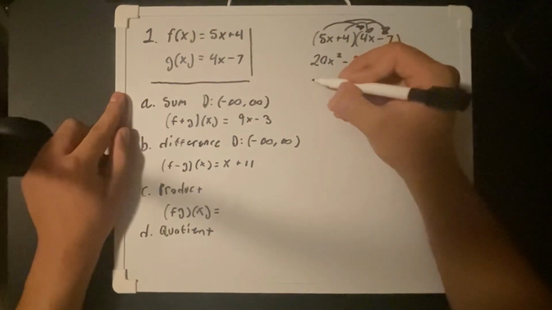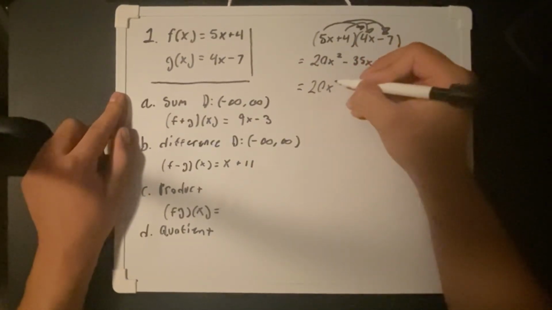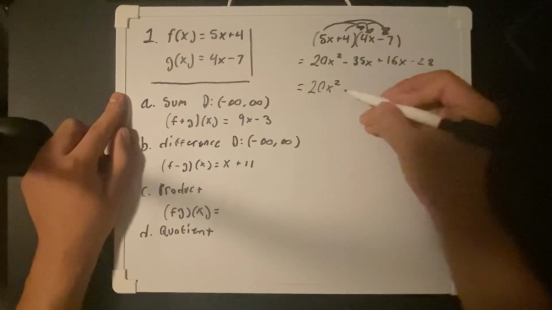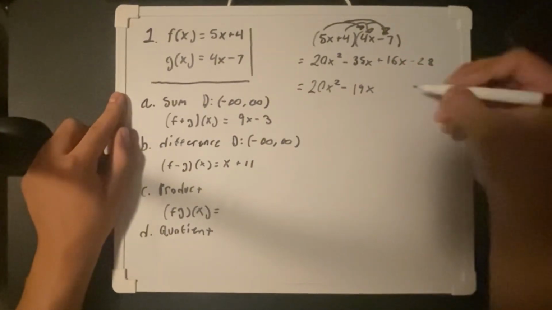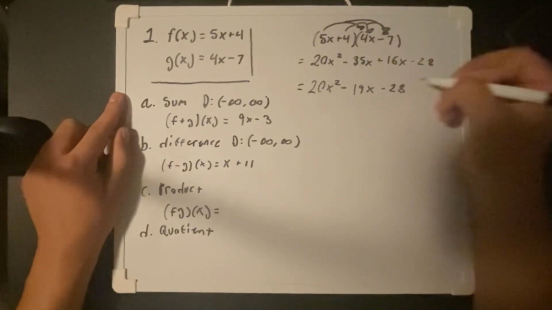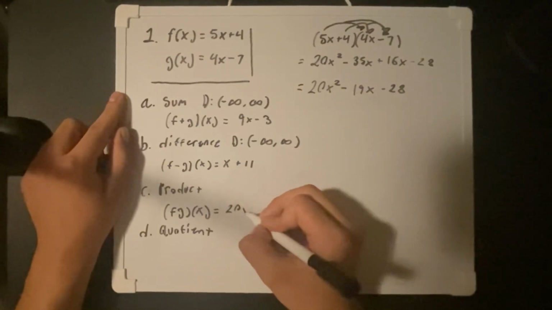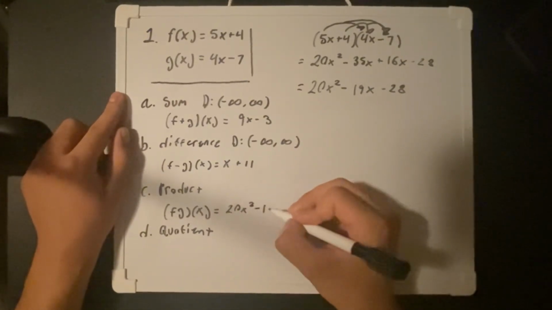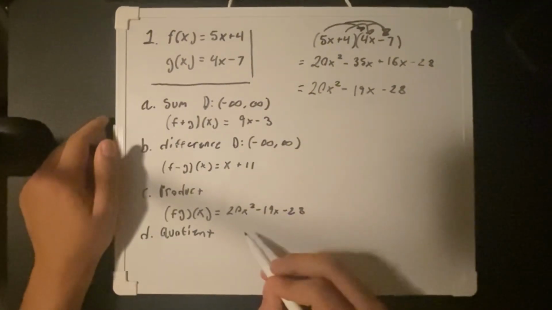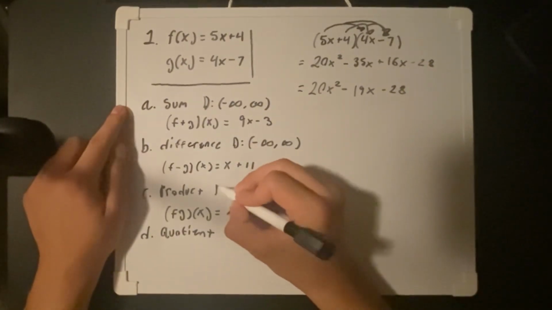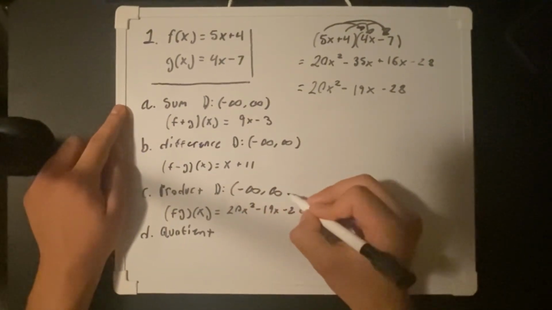Now we simplify. Let's add our little equal sign. We still keep 20x squared. And this becomes negative 19x minus 28. And this is our answer. And because our variable isn't in any type of square root, the domain will always be all real numbers.